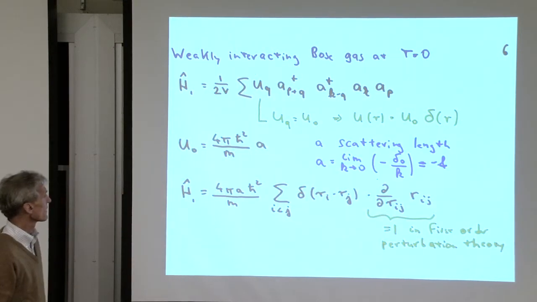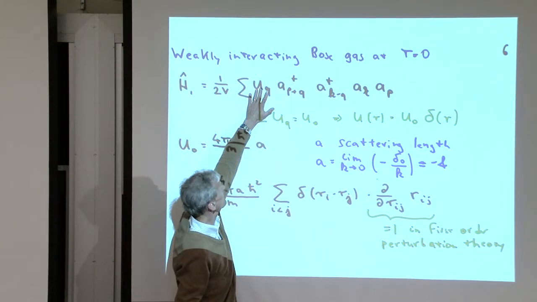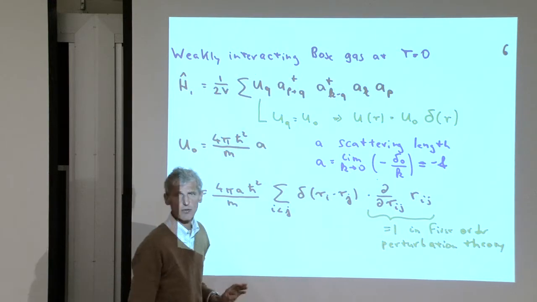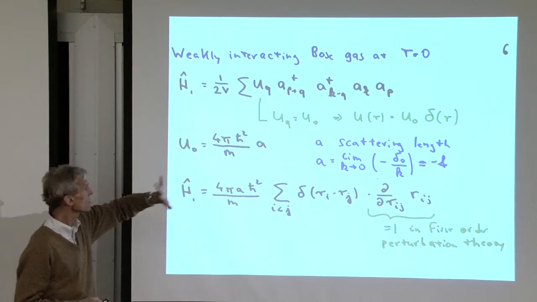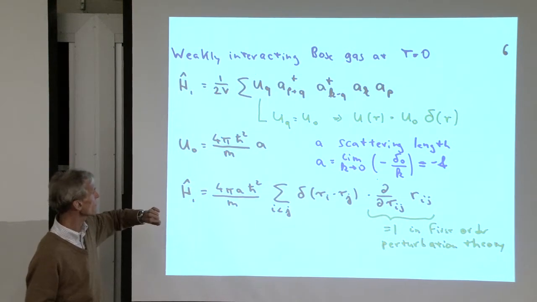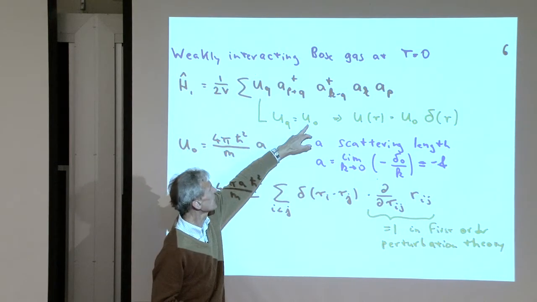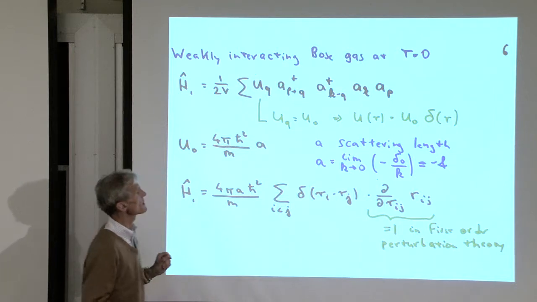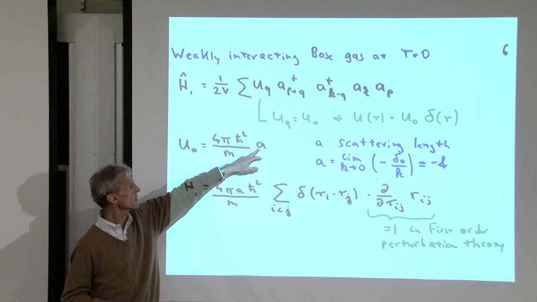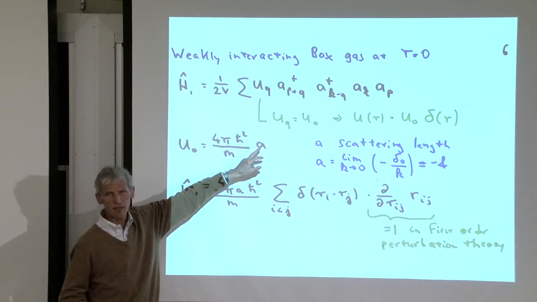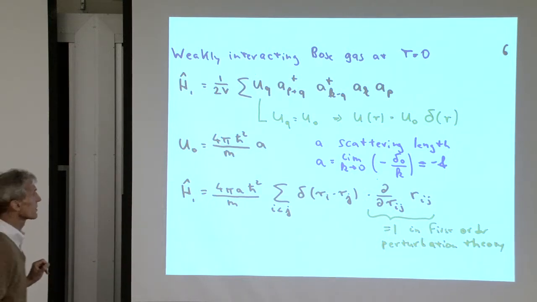So therefore, we can approximate the Hamiltonian by a constant interaction parameter, and then we have the sum over all these creation-annihilation operators. I don't want to go into details of low-energy scattering physics, but it is most convenient to describe this parameter by U0, which is the Fourier transform of the interaction potential, or very often we parameterize it with the S-wave scattering length, which is the only relevant parameter for elastic collisions at low temperature.